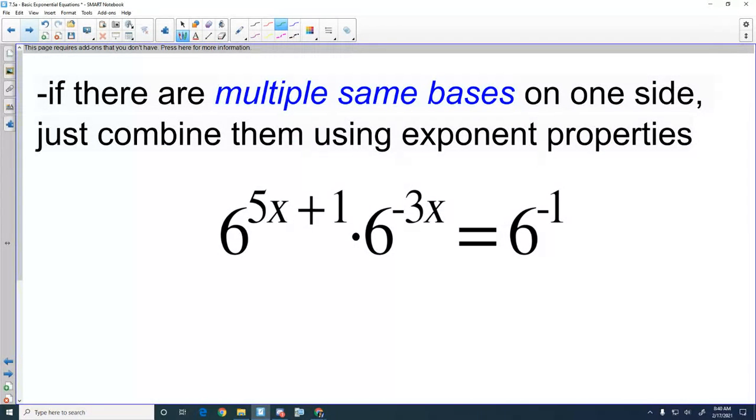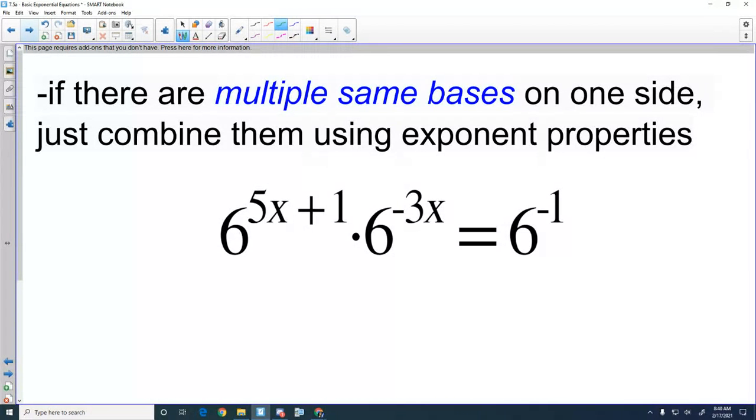All right, now here's where the warm-up comes into play. We're not always going to have just one base equals one base. We can have multiple bases. And just like our warm-up, we would use our exponent properties. The first warm-up problem you did, we had x to the 3rd times x to the 7th.